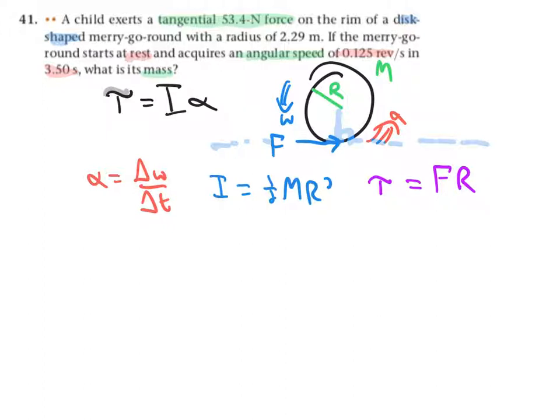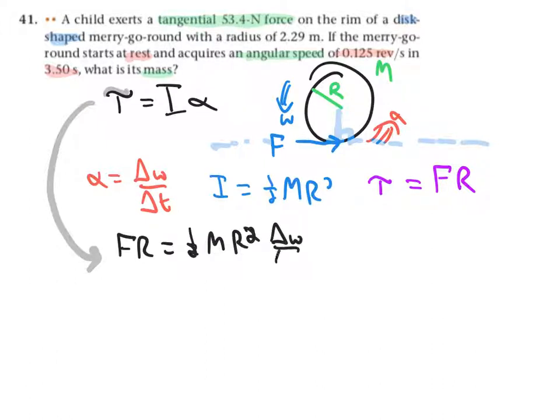So putting all that back into this equation, we end up with F times R equals 1/2 mr squared times delta omega over delta t. And then we can just solve for m.